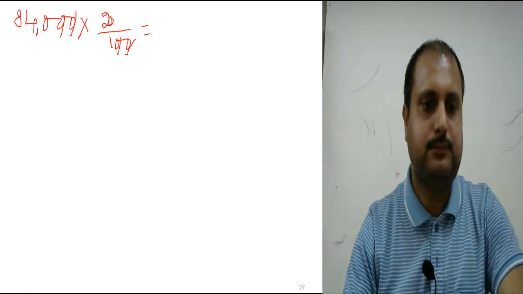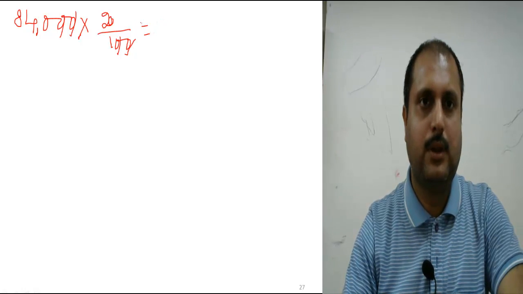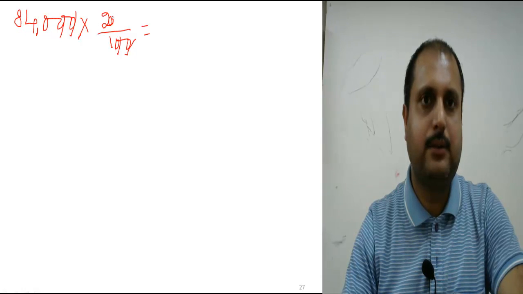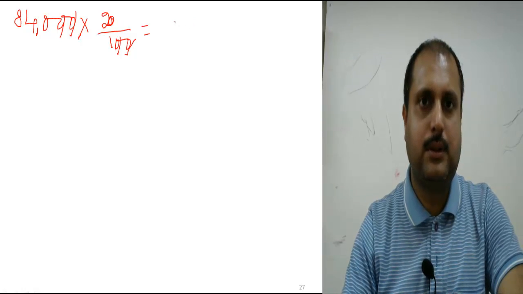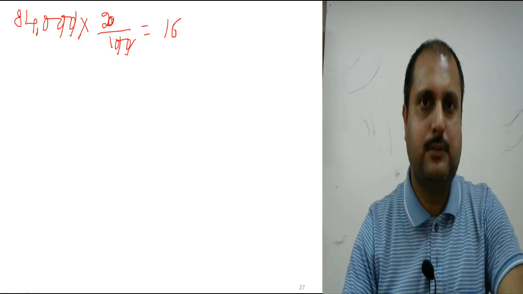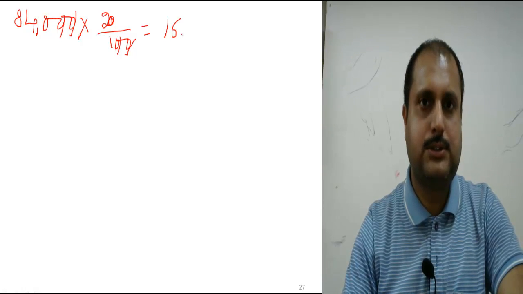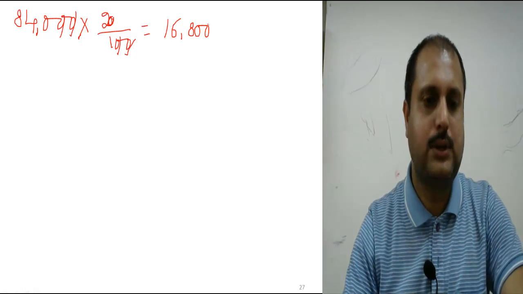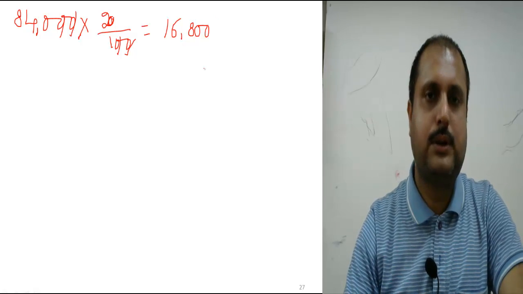Now if you multiply 840 by 20, what is the amount you are going to get? You are going to get 16,800. It is the discount that you are getting. 16,800 is the total discount.